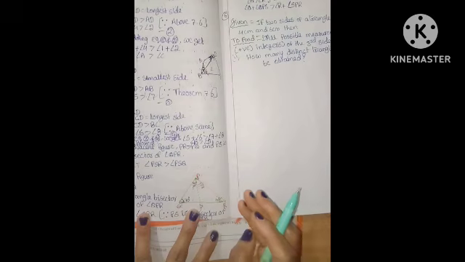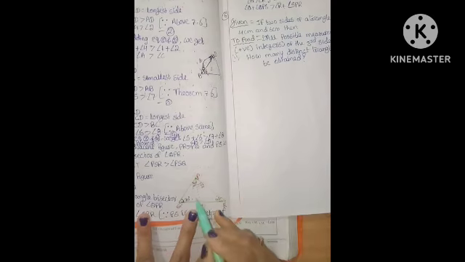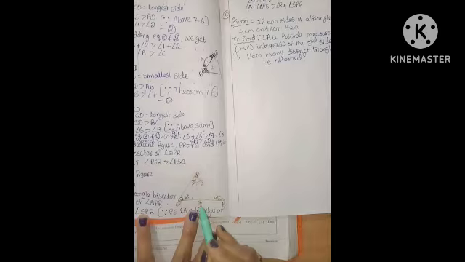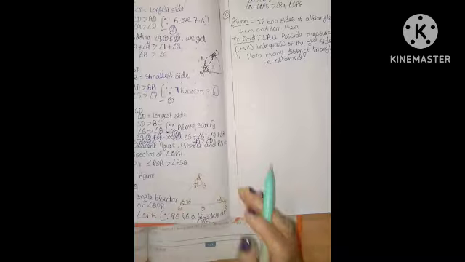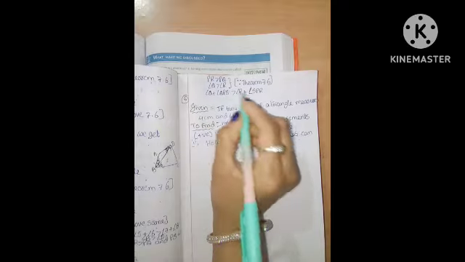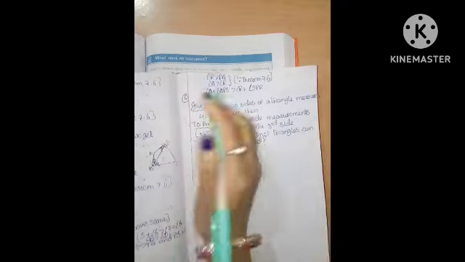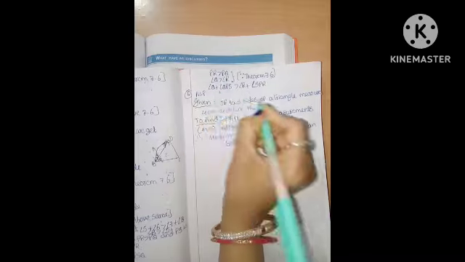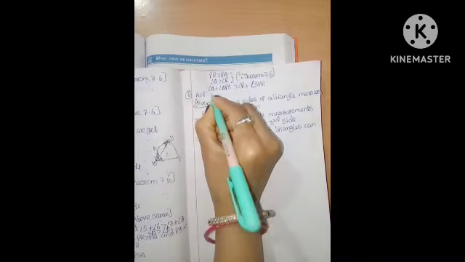So 180 minus the sum of these two gives this angle, which is the one we needed to prove. What property are we using in this problem? The angle sum property.